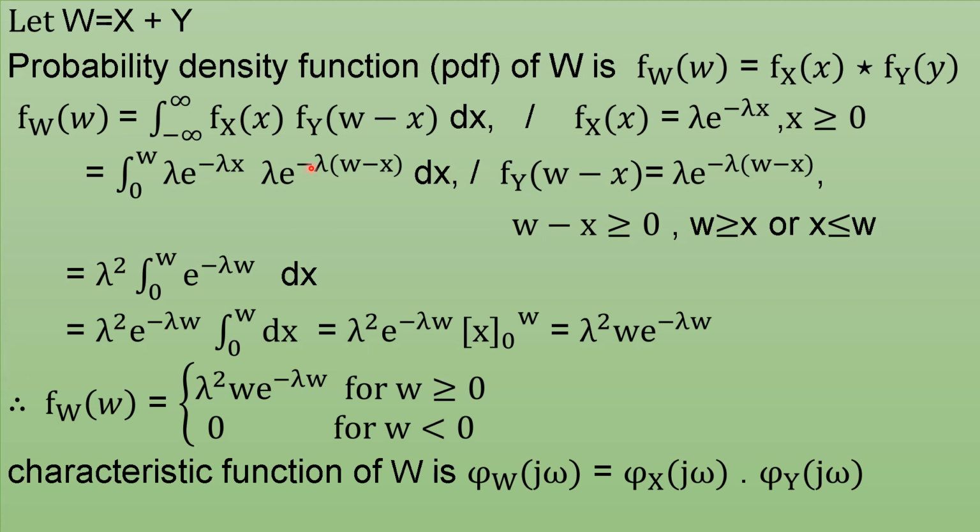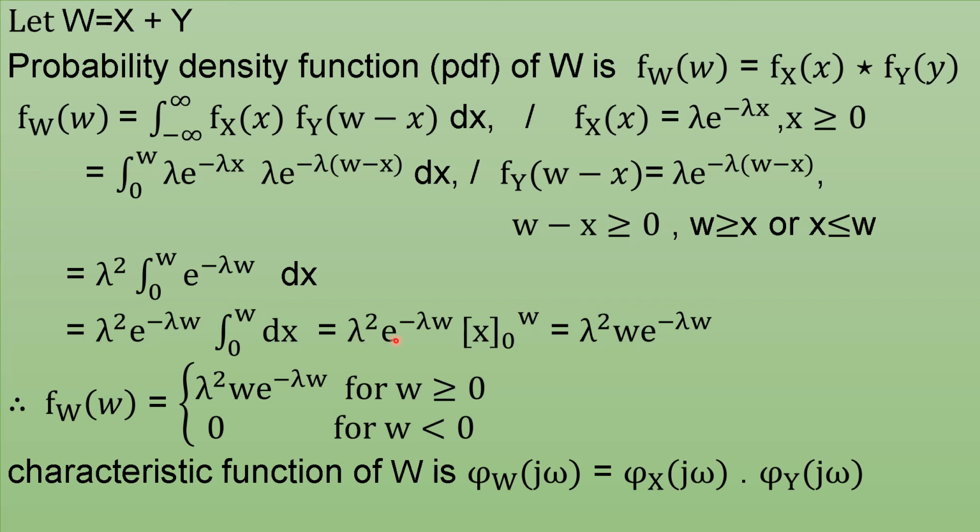Remaining is e power minus lambda y dx. Since integration is with respect to x, this e power minus lambda y can be kept outside the integral sign. Integral 0 to w dx, and integral dx is x, difference at the upper limit w, lower limit 0, which is w minus 0 or w.